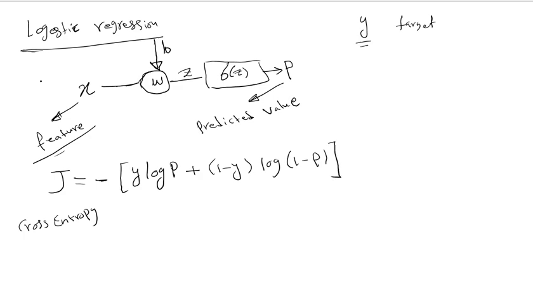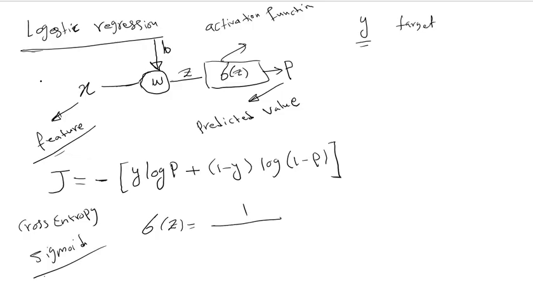This is our cost function, which is cross entropy. An activation function, we call it sigma activation function. Here it is sigmoid, which is defined by sigma z equals 1 over 1 plus e to the minus z.